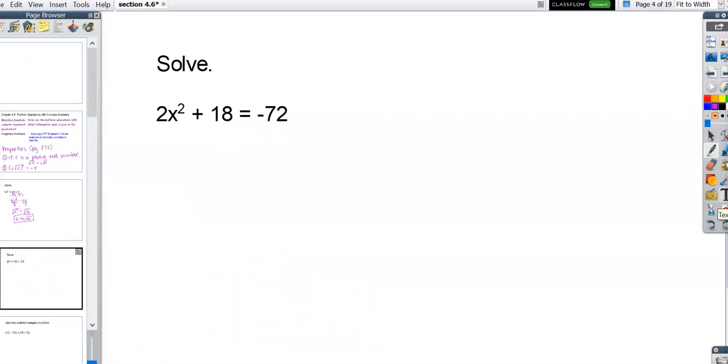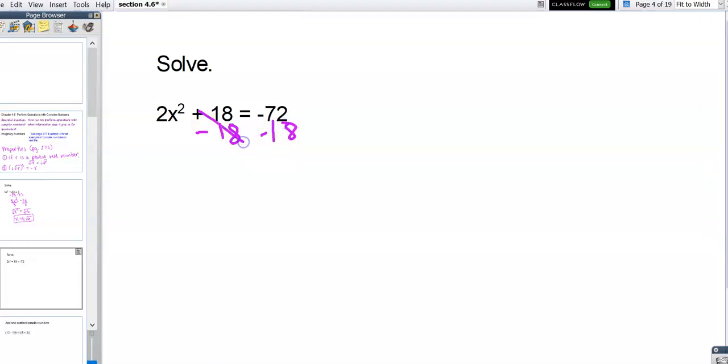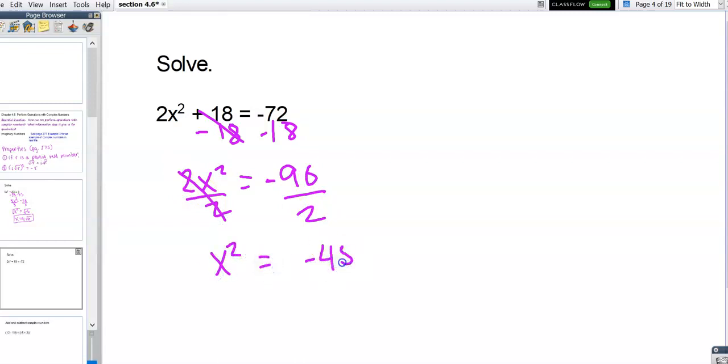For this second question, again, same first steps. Subtract 18. Divide by 2. And then take the square root of both sides.